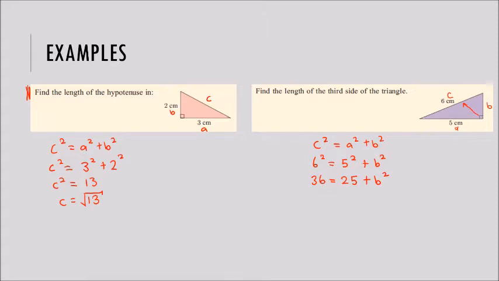So then we can minus away 25 from both sides, and that leaves us with 11 is equal to B squared. And then finally, to find what B is, we square root both sides. So B is equal to the square root of 11, but if you like writing B first, you can write it like this as well, and that makes no difference. Alright, hopefully that helped.